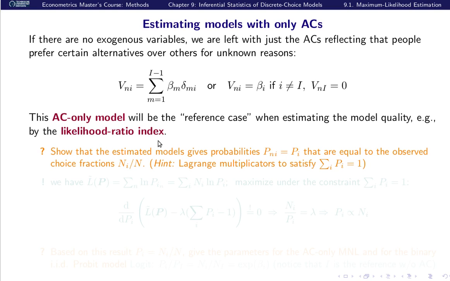So how can you show that the estimated model just gives probabilities that are equal to observed relative frequencies N_i divided by N? N_i is the sum of all decisions for alternative i, and N is of course the total number of all decisions. Because there are no real external factors, this model does not depend on n.